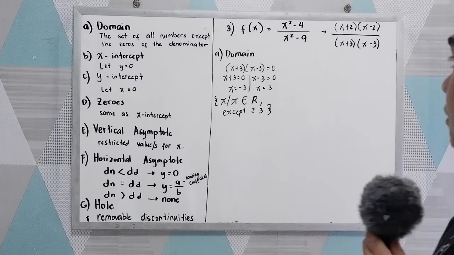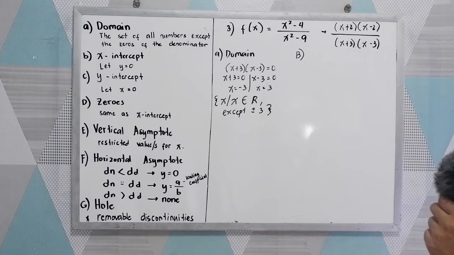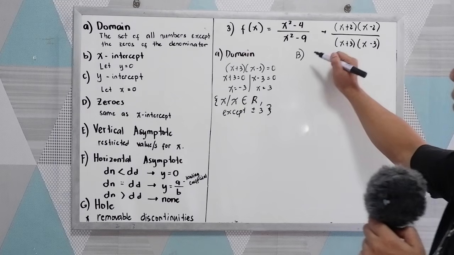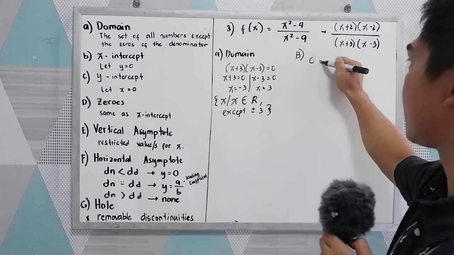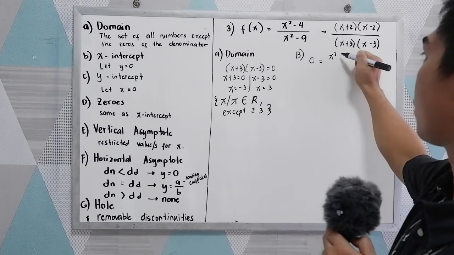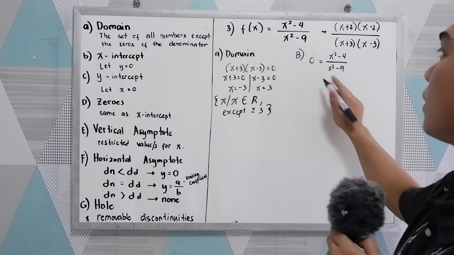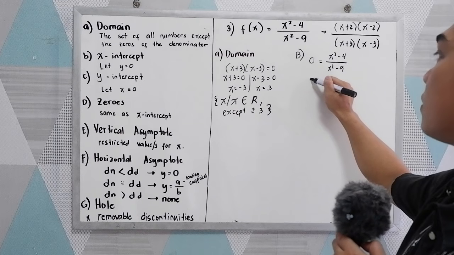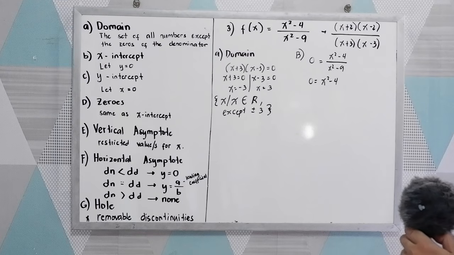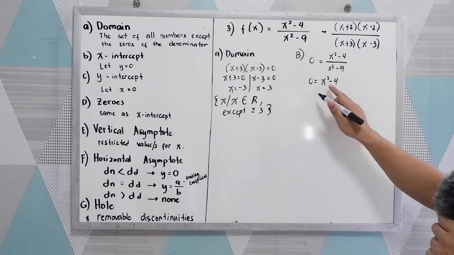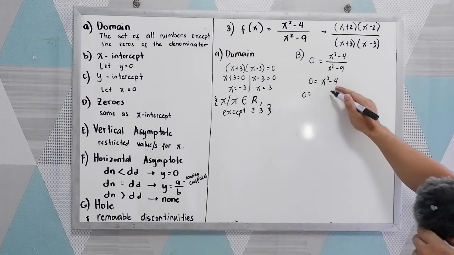Okay. And for the x-intercept, letter B, let y be equal to 0. So f of x, that stands for our y, so 0 is equal to x squared minus 4 all over x squared minus 9. Cross multiply, we have 0 is equal to x squared minus 4.